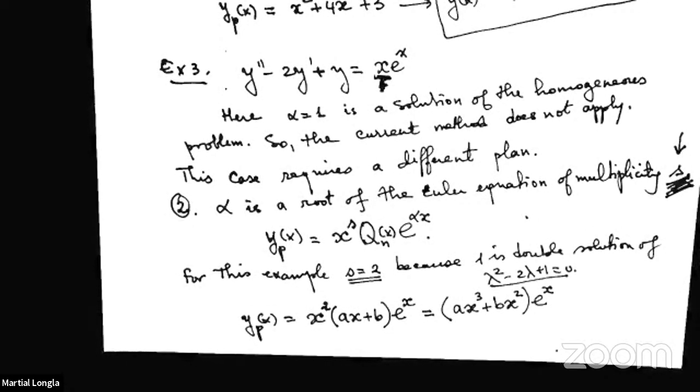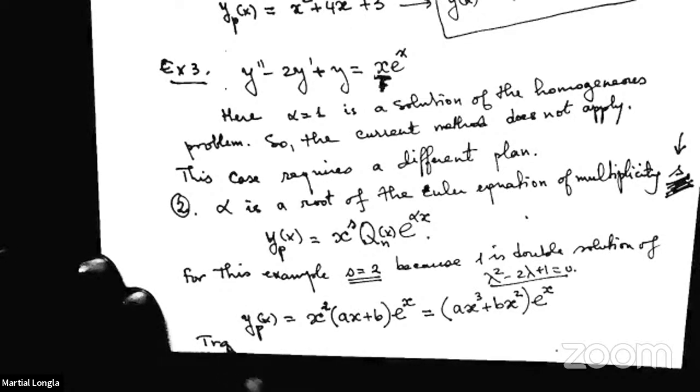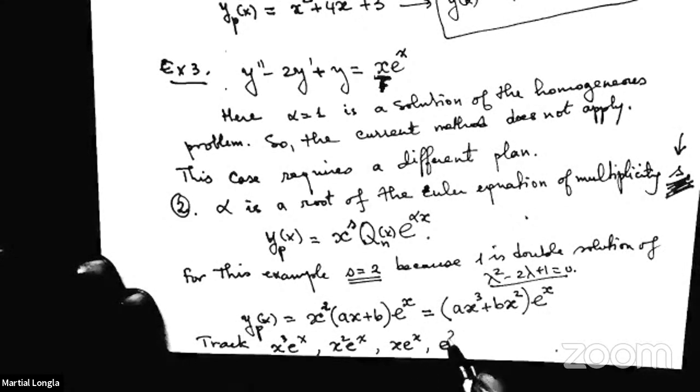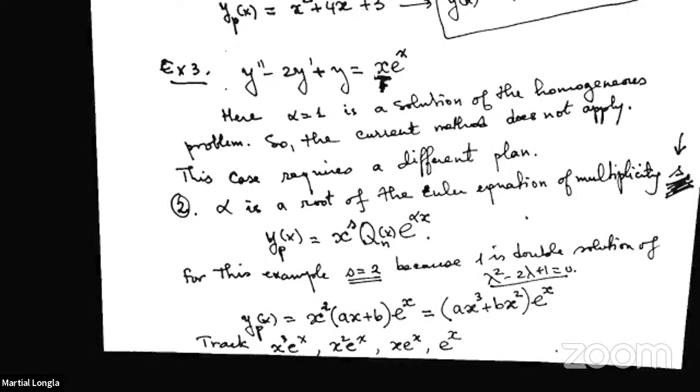And now we take the derivatives again, and we track the coefficients. The coefficients that we're going to track here will be x cubed e to the x, x squared e to the x, and all the way down, x e to the x, and just e to the x. So that will give you 1, 2, 3, 4 equations.